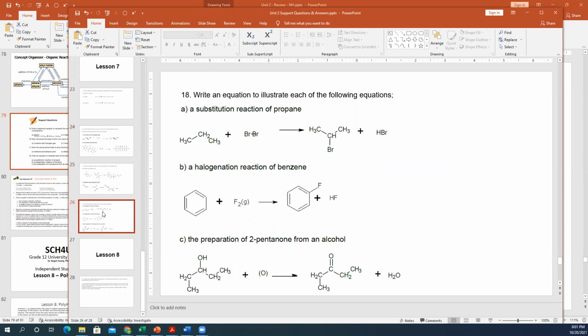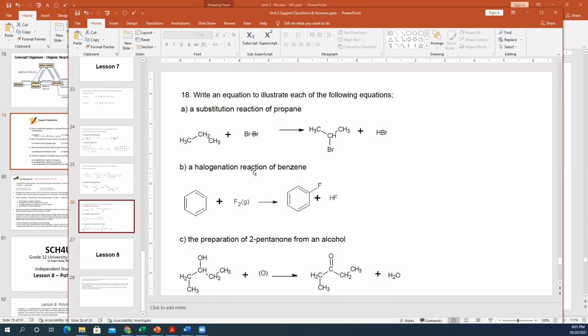Okay, so it says write an equation to illustrate each of the following reactions. The substitution reaction of a propane. So substitution reaction is when one of these swaps for one of those, okay? So the Br goes here and the H comes here. They swap places.